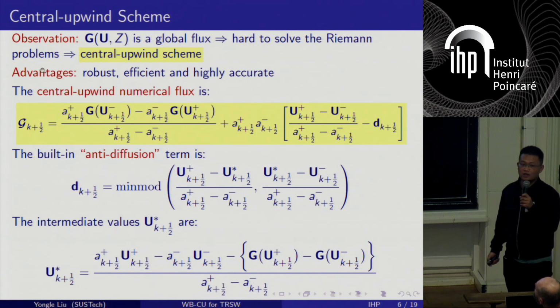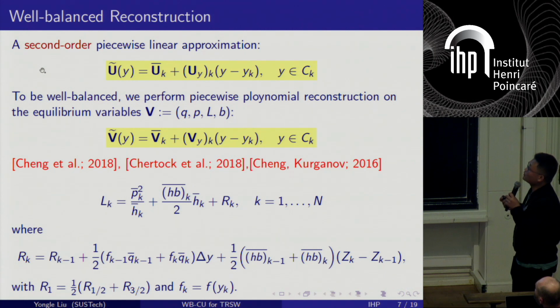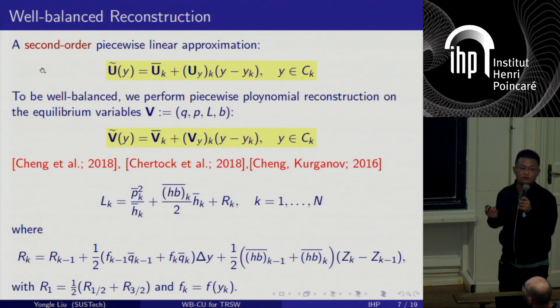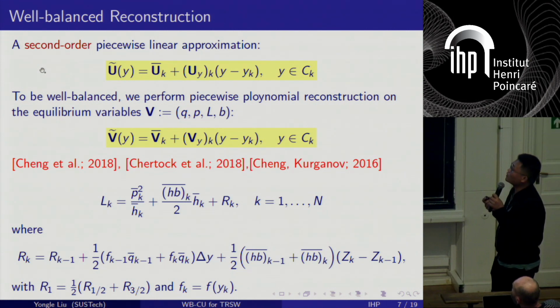So the new problem is how to obtain the point values U plus and U minus at the cell interface. Next, we use the second order piecewise linear approximation to obtain the point values. It's our U tilde of y, and it's based on the cell average U bar k and the slopes U_y.